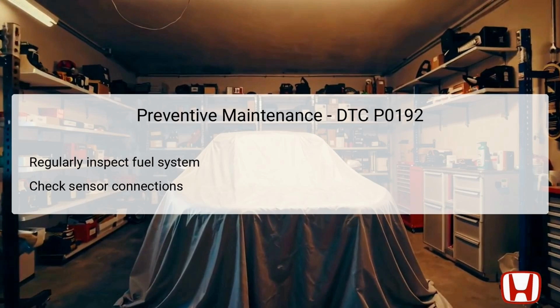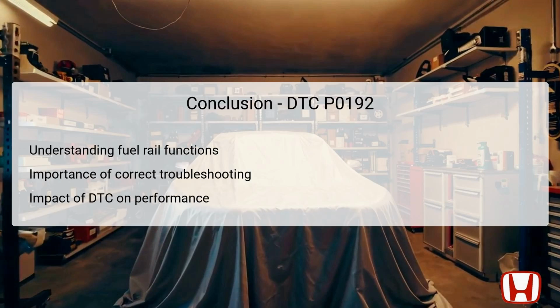In conclusion, DTC P0192 serves as a critical alert regarding the fuel rail pressure sensor's functionality within the Honda Accord 2012 to 2017 models. Understanding the responsibilities of the fuel rail pressure sensor and its interaction with the PCM is essential for effective diagnostics and repairs.